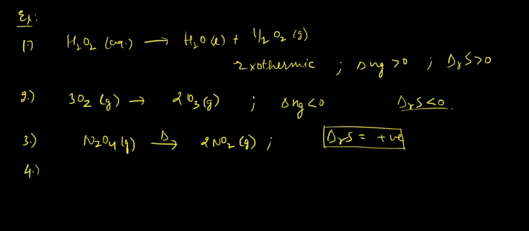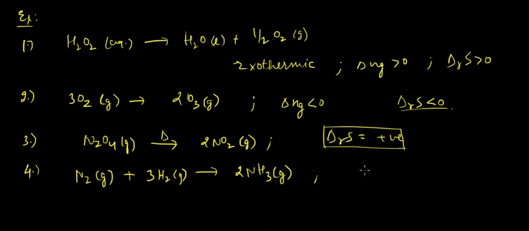The fourth reaction is N2 gas reacting with 3 moles of H2 gas and forming 2 moles of NH3 gas. So delta S for this reaction is negative.